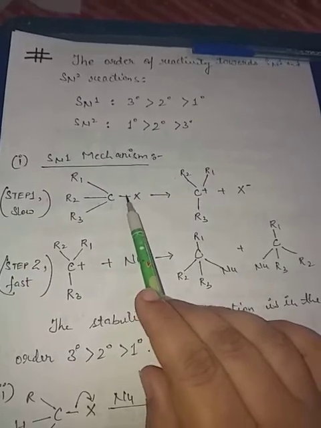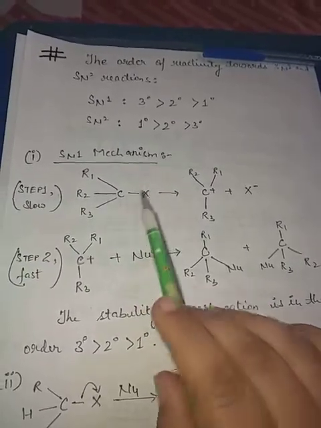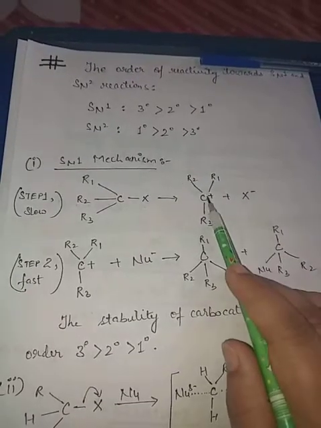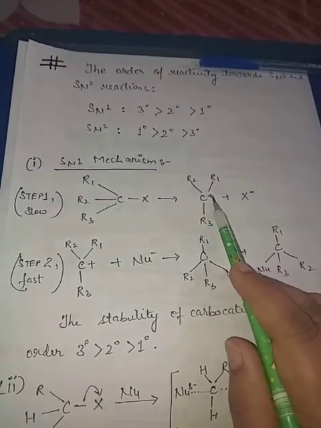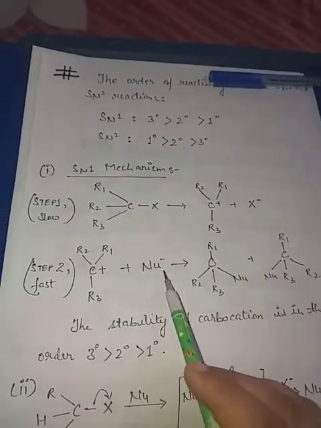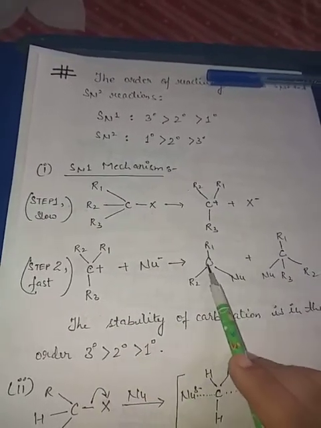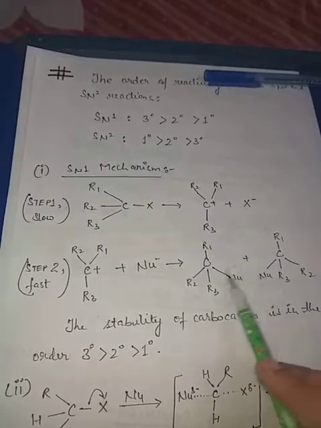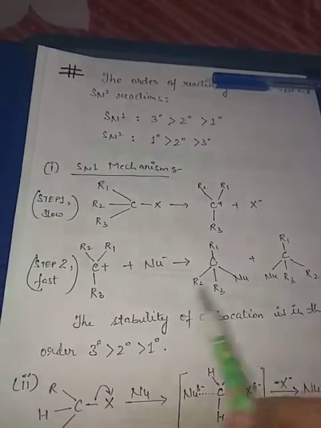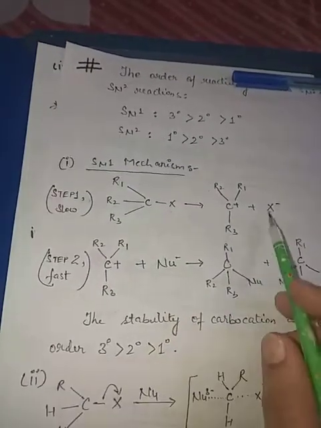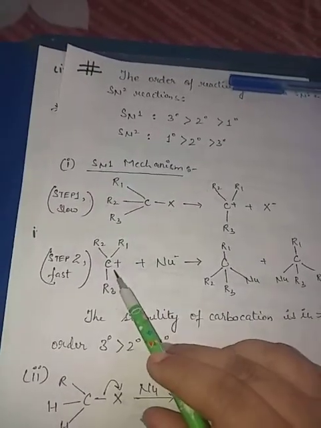this halogen will leave this carbon, the halogen will become a halide, and this carbon will become a carbocation, a positive ion. Now a nucleophile will come and attach itself here. Either of the two can be formed. So here first this has been removed, and then this nucleophile has attached itself.